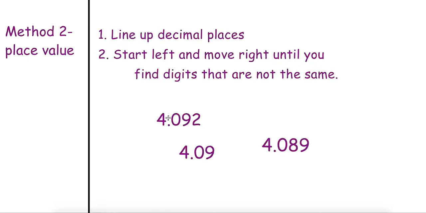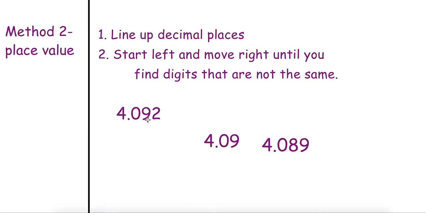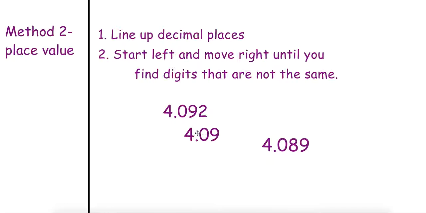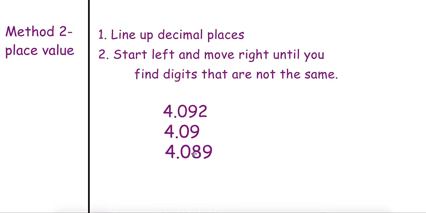All right, so let's look at these 3 numbers. We line up the decimal places because with technology, I can line mine up. I want you to rewrite each of the numbers, making sure these decimal places are completely lined up. Now, we start from the left and move to the right. So because the 4s are the same, they have equal value, we're done.